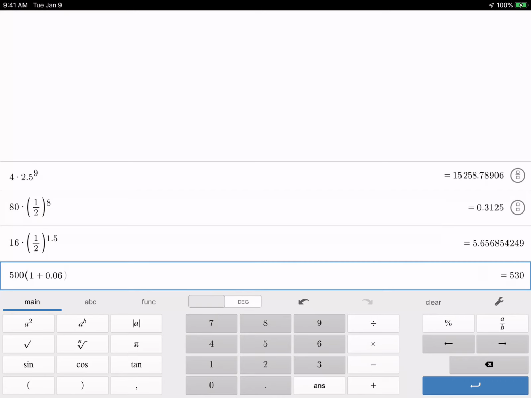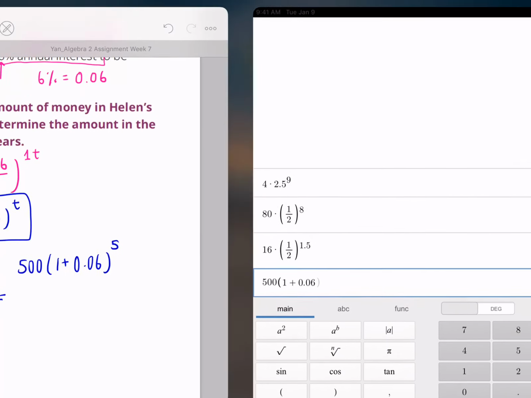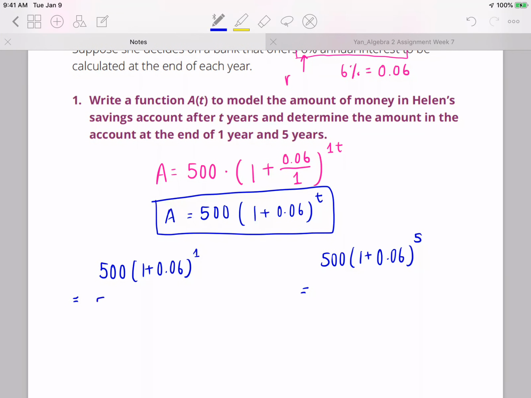So it doesn't really matter, and it gives us 530. So when Helen puts in $500, after a year, how much did she really gain from this? She got $30.